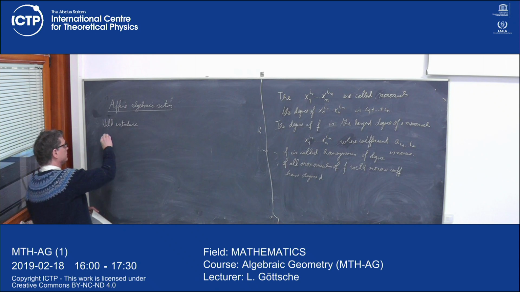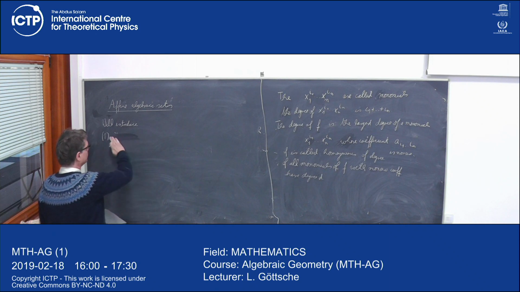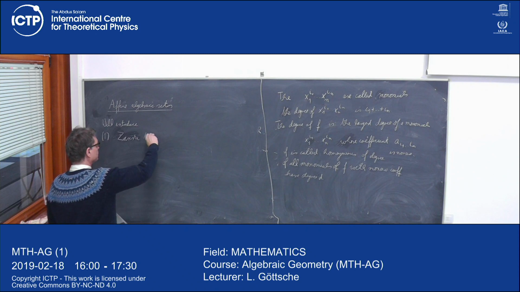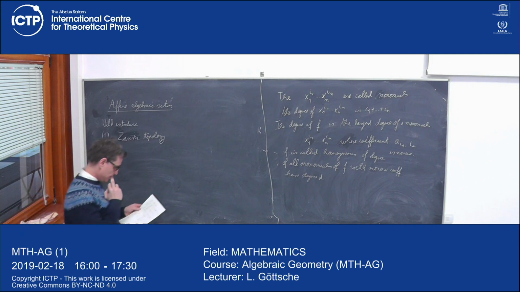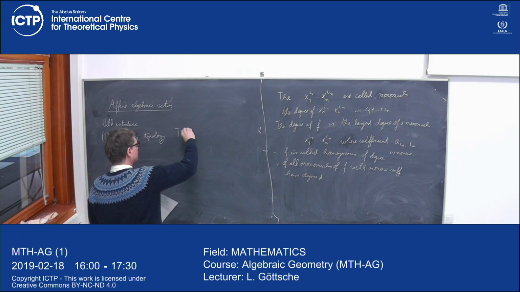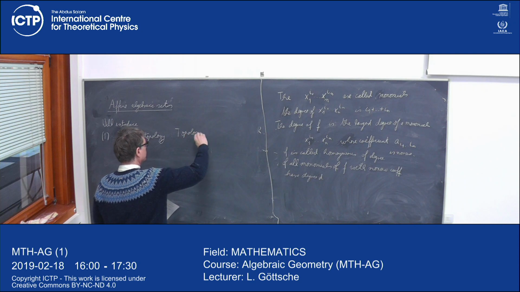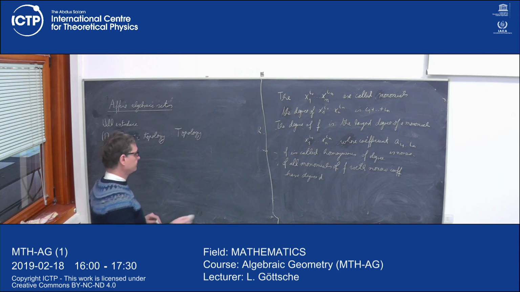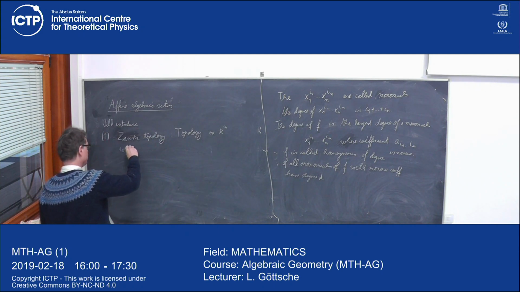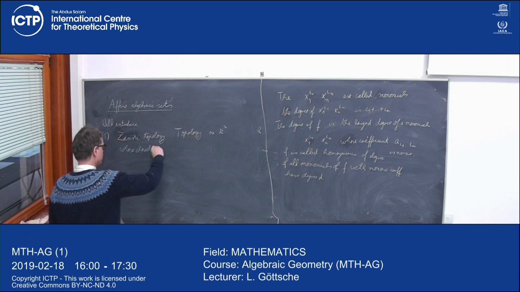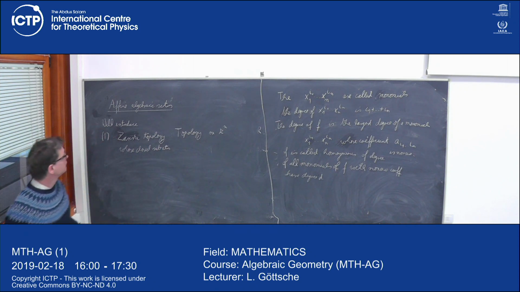So one is the Zariski topology, which is a topology on, say, k^n, whose closed subsets are these affine algebraic sets that we introduce.